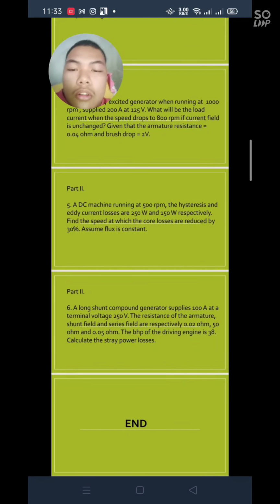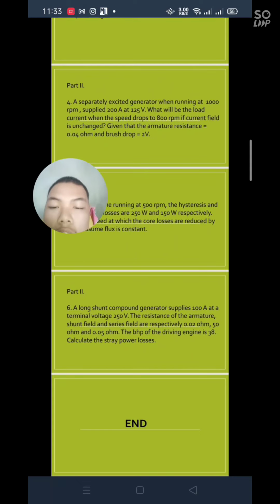So now let's go to number 6. A long shunt compound generator supplies 100 amps at a terminal voltage of 250 volts. The resistances of the armature, shunt field and series field are respectively 0.02 ohms, 50 ohms, and 0.05 ohms.